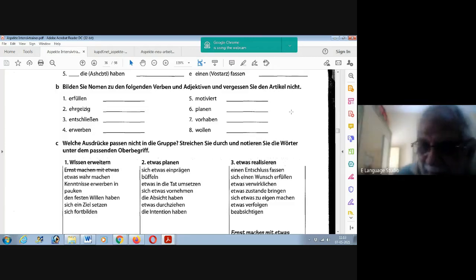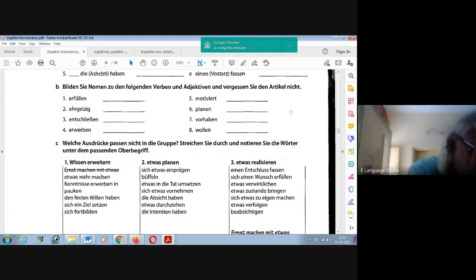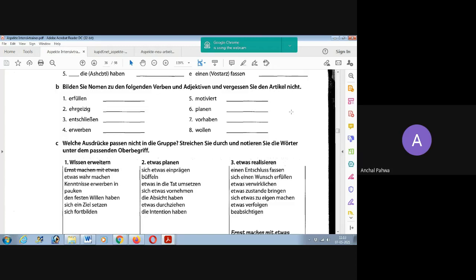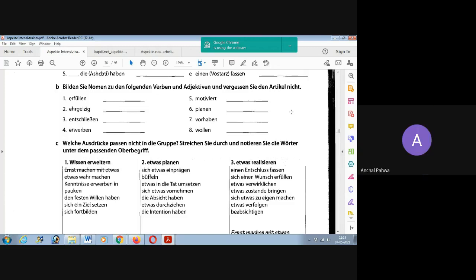You're converting the verb into a noun. Das Vorhaben. Yeah. Wollen. Will. Der Wille. Die Wille. Ja, der Wille.